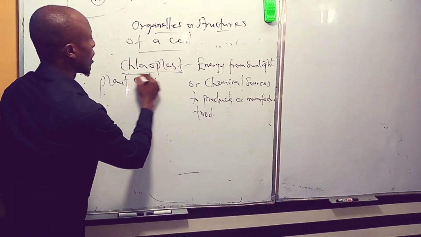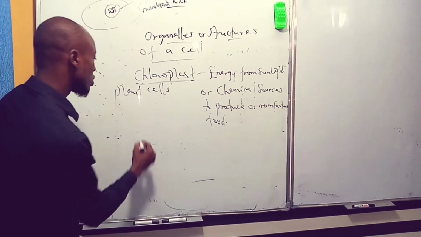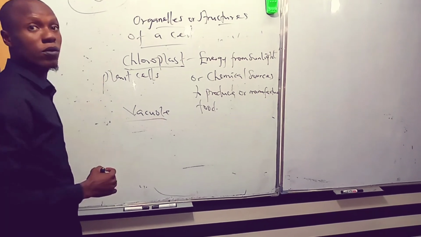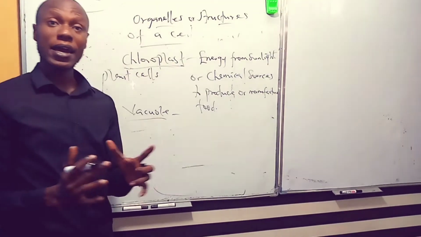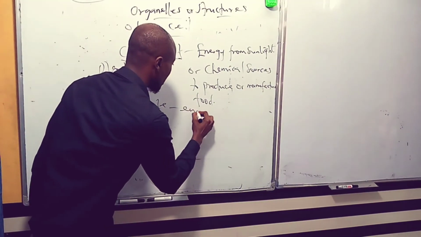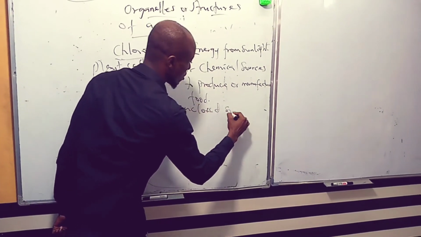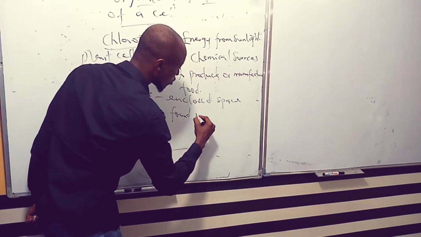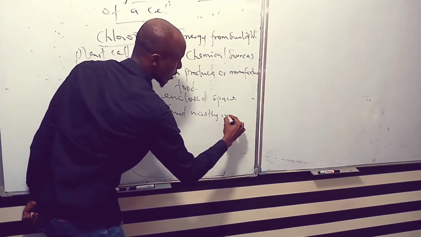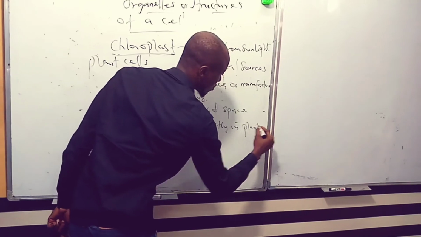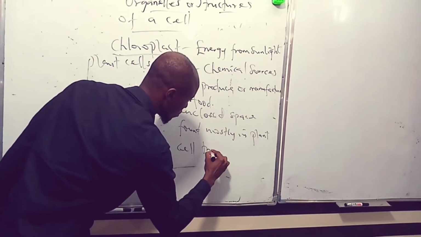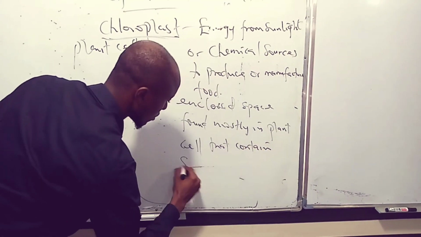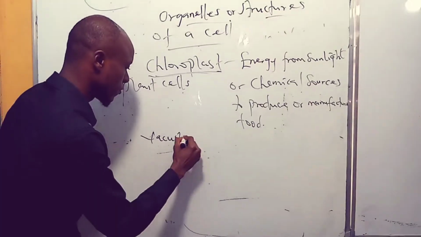So, aside from the chloroplast, I mentioned what? A vacuole. It's a space, you can say an enclosed space, found mostly in plant cells that contain sap.